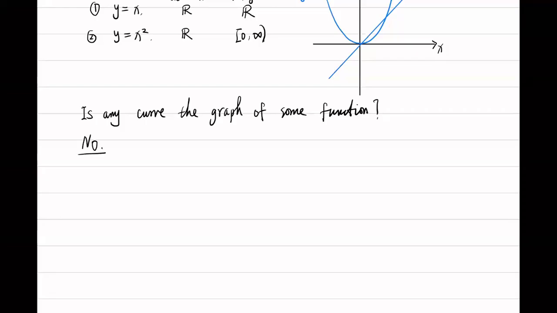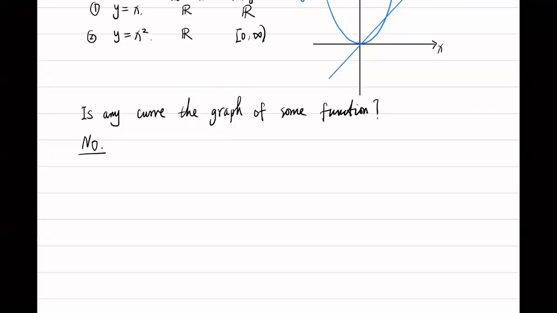So do you agree? Okay, examples? Some curve that is not a graph. A circle, that works.